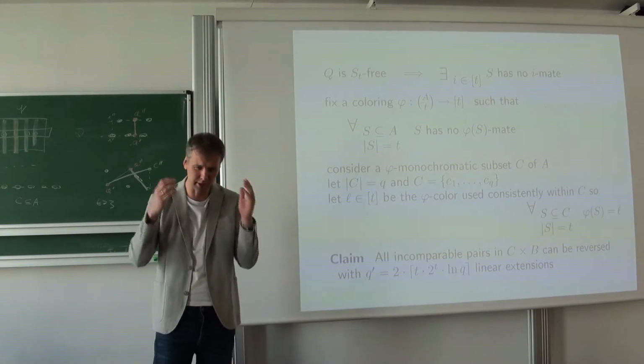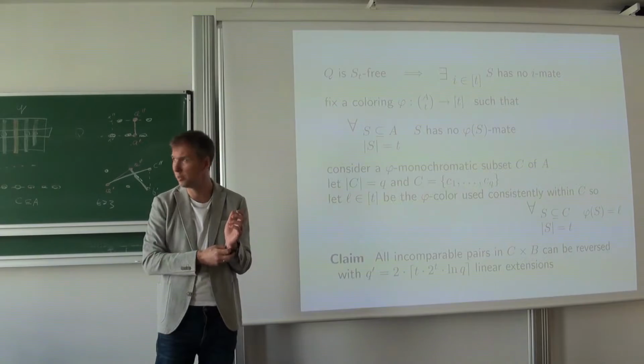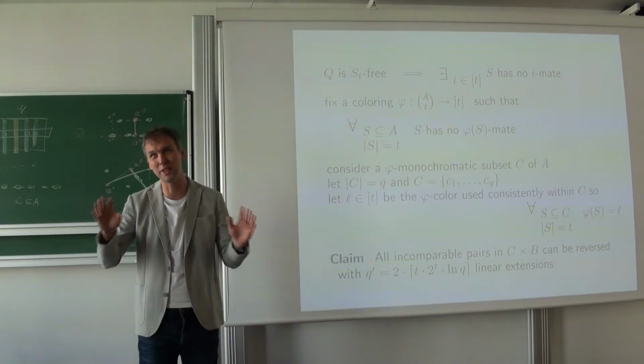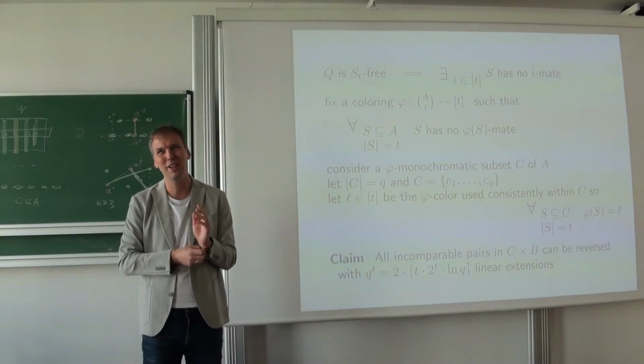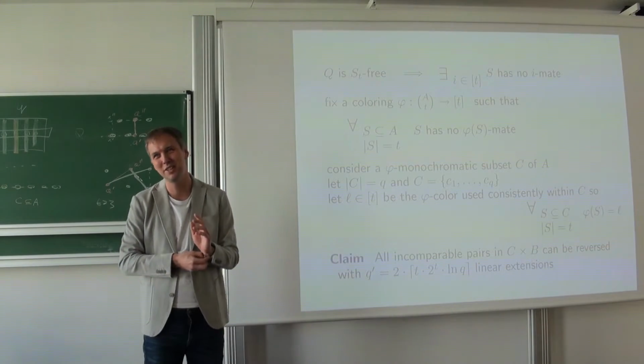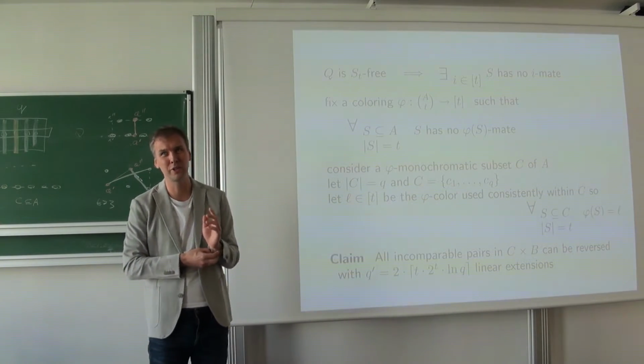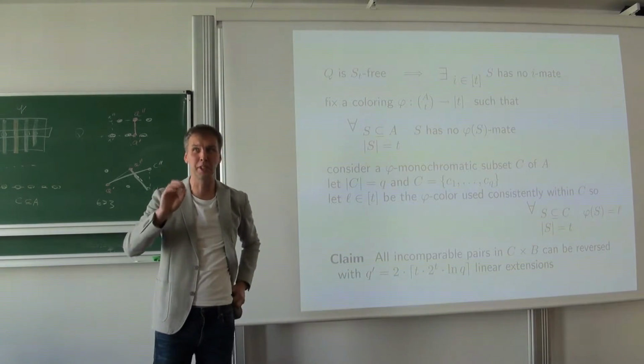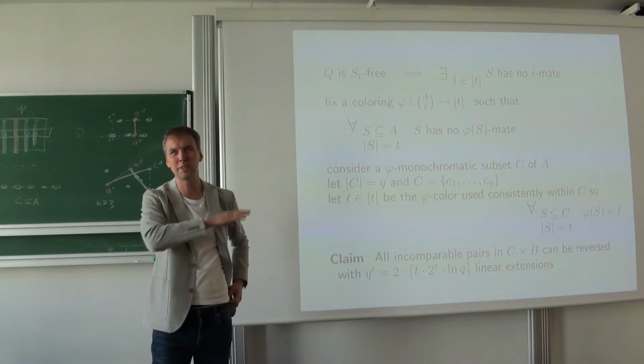The guaranteed size of a monochromatic subset grows with N. It's a rather slow-growing function, but it grows, and that's our leverage. But I will explicitly cover this part when I'm done with this claim.